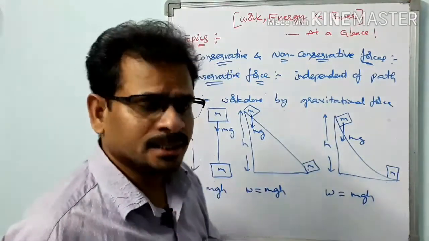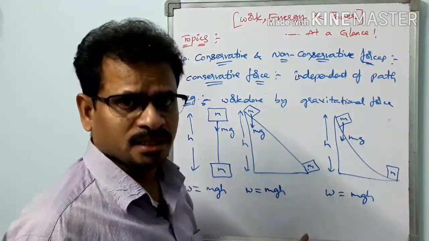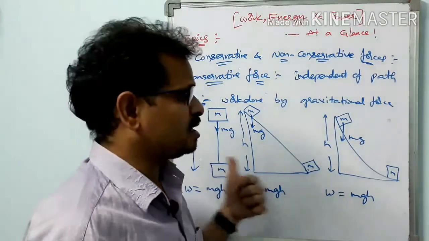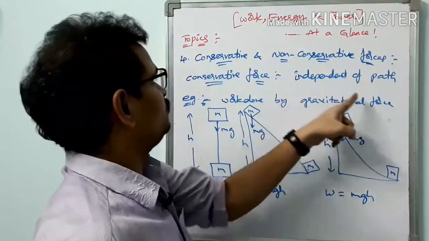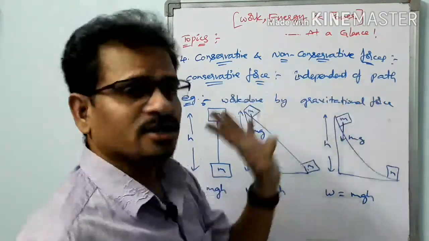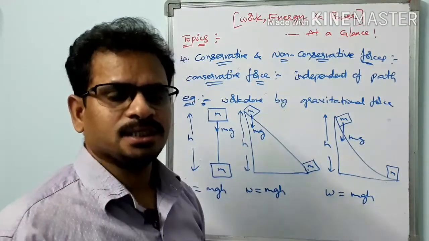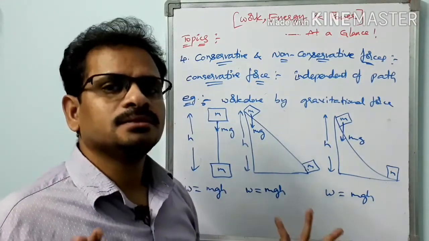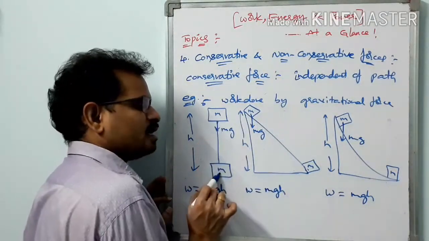Whatever the path, the work done in each case is mgh. So the work done by gravitational force is independent of the path followed by the object. If the work done by any force is independent of path and depends only on initial and final positions, then such a force is called a conservative force.